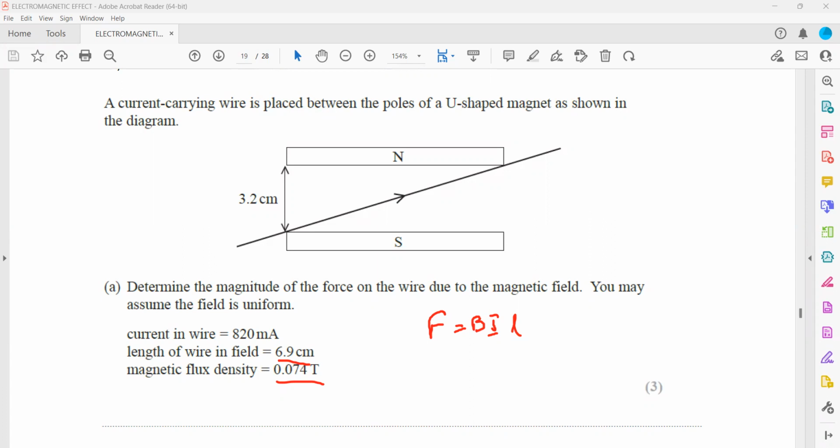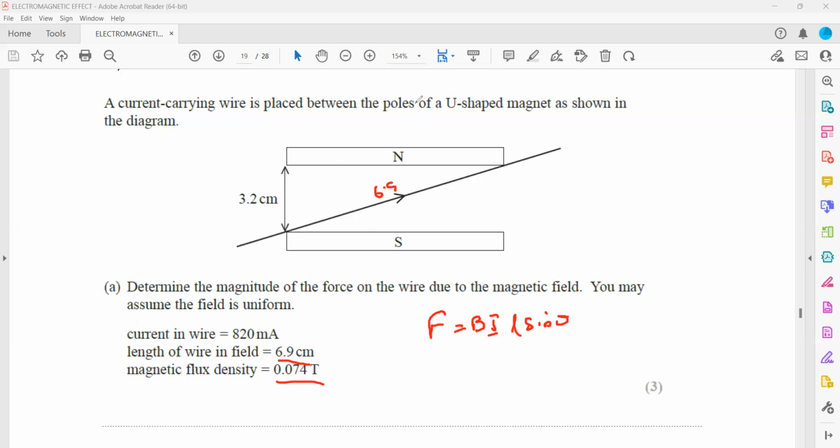But if the wire is not exactly perpendicular to the magnetic field, then we have to use the angle, like BIL sine theta. So first we work out the angle with the magnetic field. This is 3.2. The length of this wire in the magnetic field is 6.9.